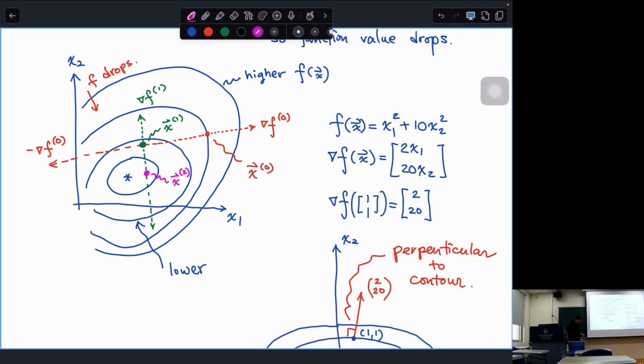From this drawing, did you see that I will be doing some kind of zigzagging and getting closer to the optimum? That's steepest descent. It's always doing this kind of zigzagging.